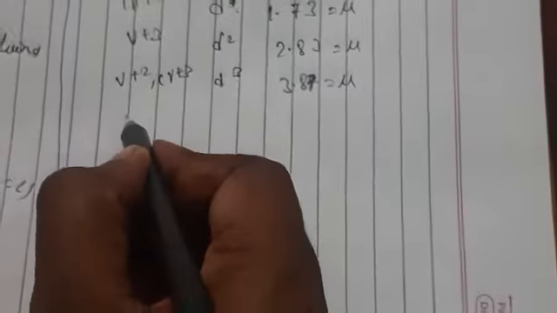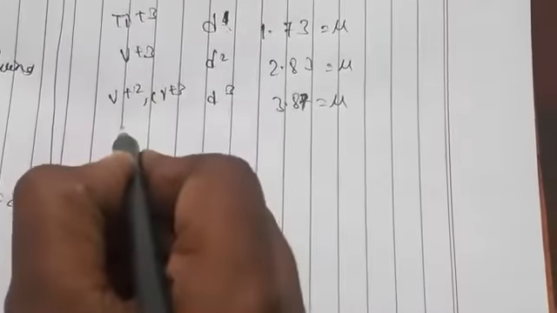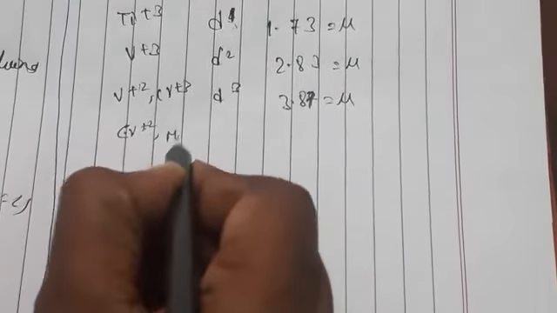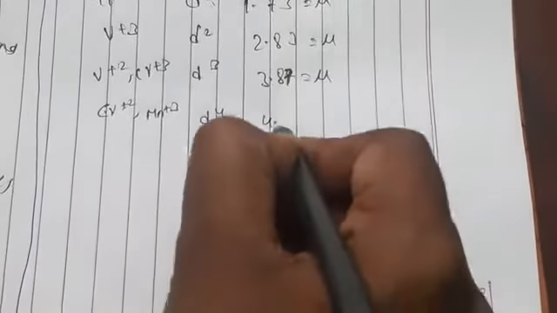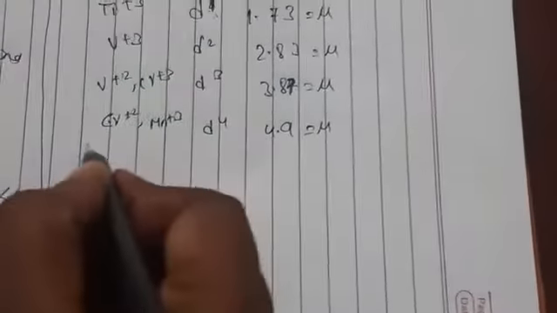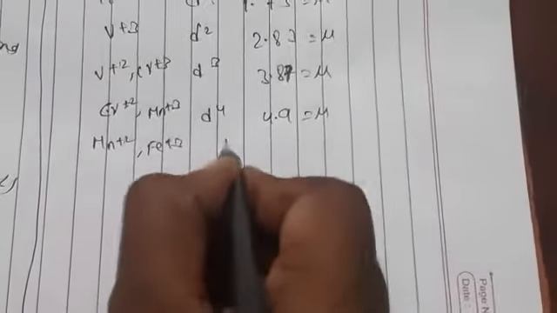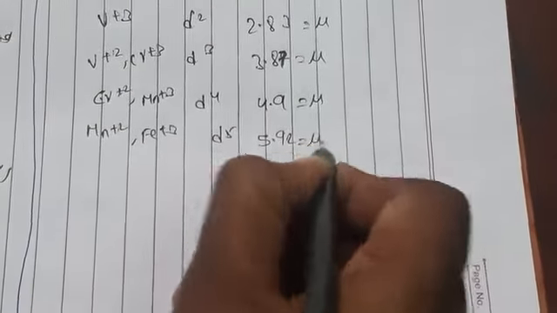If you substitute these values in the formula of this one. And coming to here, next one, Cr plus 2, Mn plus 3, D4, we are having 4.9. Next one, if you take Mn plus 2, Fe plus 3, D5, that is 5.92 mu.